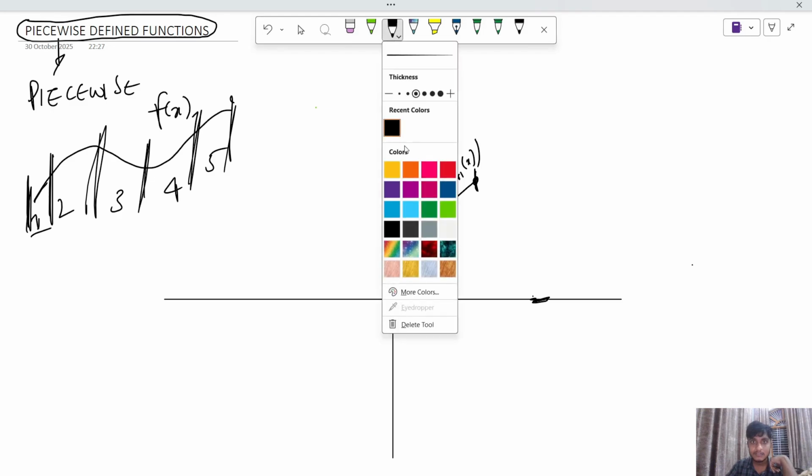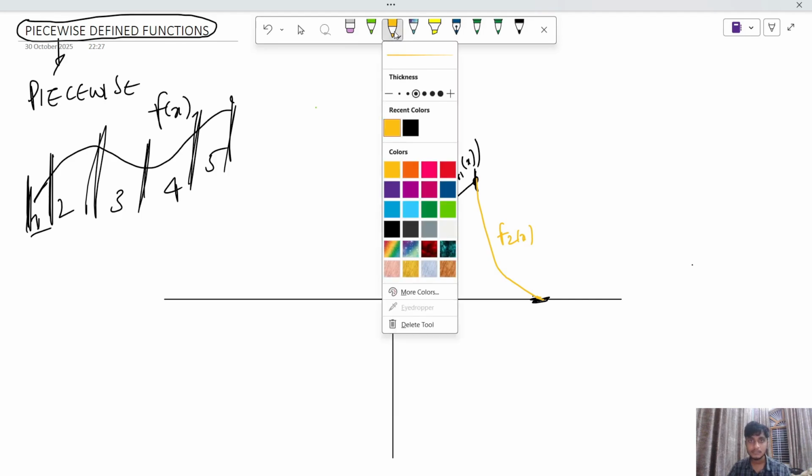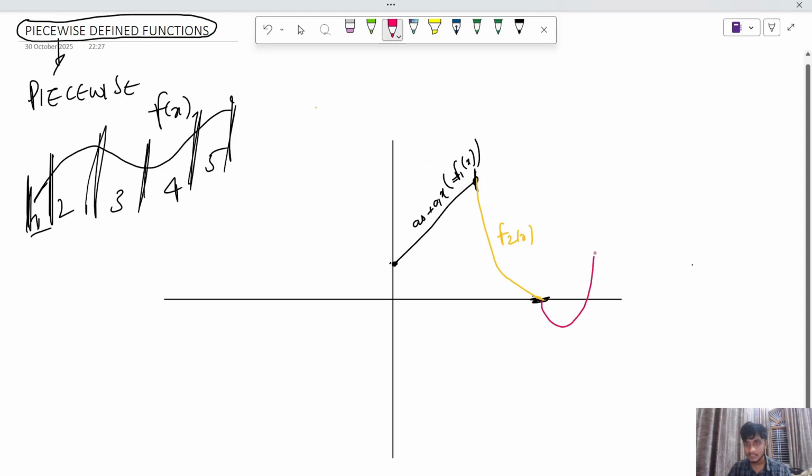Let's try a different curve. Now let's call this f2 of x, and let's call some function like this. Let's say this function is f3 of x.